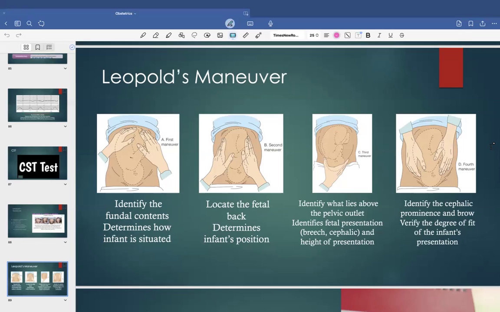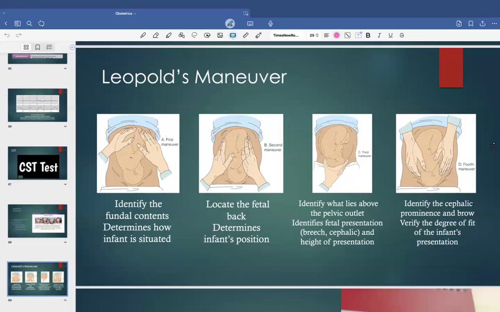If you can move the head, the baby is not engaged. If you can't move it, you're trying to move the head a little bit and it's stuck, that baby is in position, so it's engaged and deep within the pelvis. And that third position also identifies, like we just said, fetal presentation, breech, cephalic.